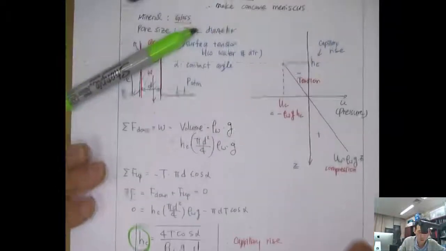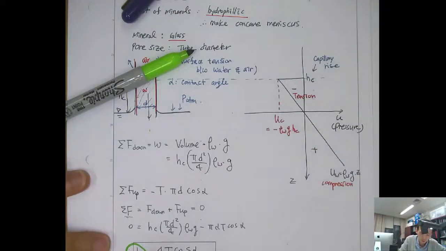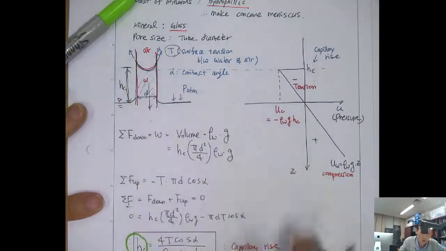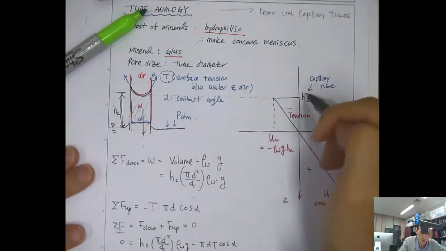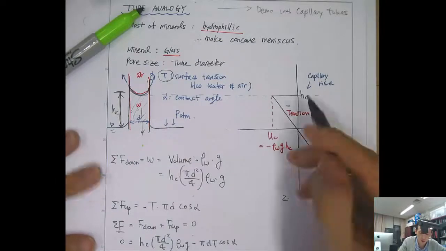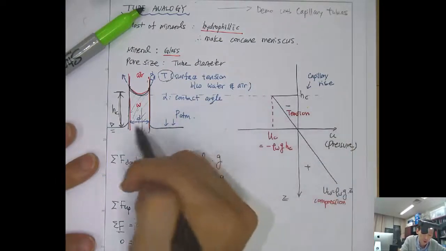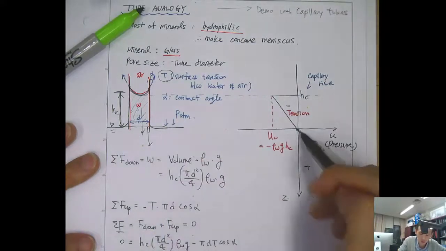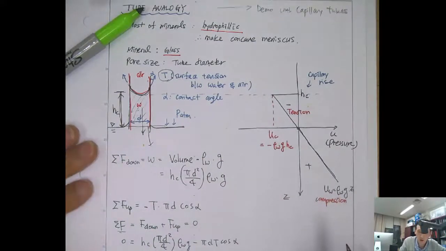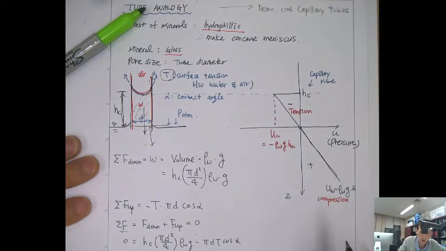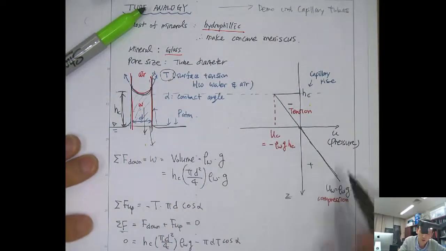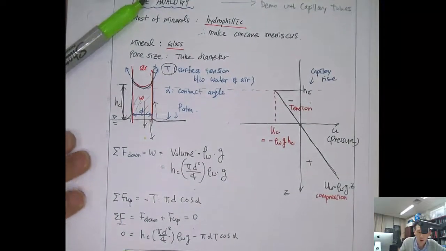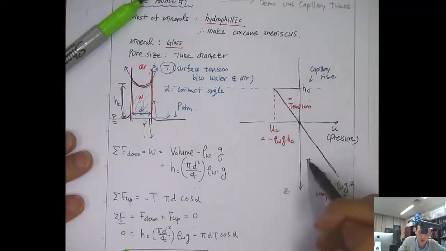And as we know the water height by this much, then if you plot the pressure in terms of the height, then pressure here will be 0, and as you go downward, it's going to increase positively, right, because of the gravitation. And if you go upward this way, then it will go the other way because of the surface tension. So here we use the negative sign, here we use the positive sign.